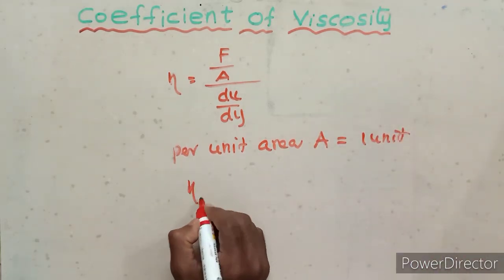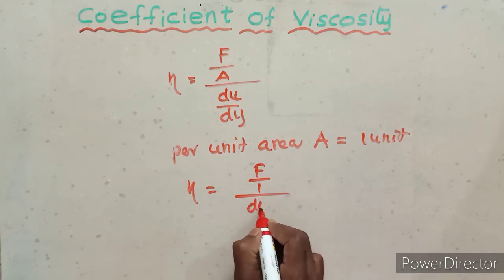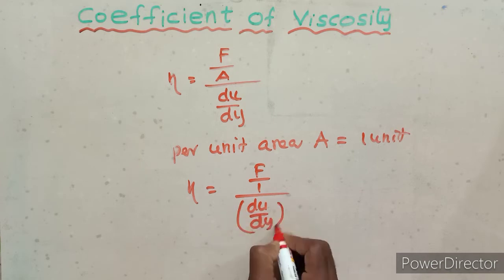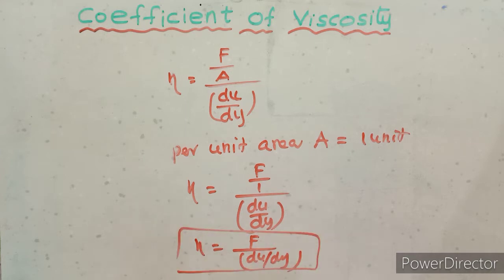So eta equals to F upon 1 upon du upon dy. Du upon dy is the velocity gradient. So eta equals to F upon du upon dy. So this is the coefficient of viscosity, this is the velocity gradient.